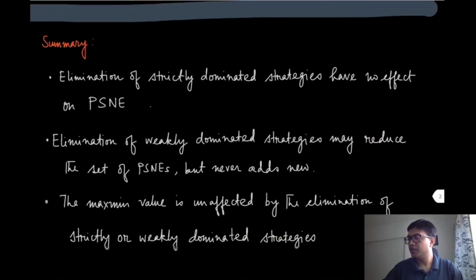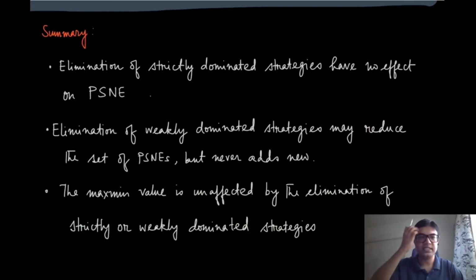So what did we learn from all these exercises? We have not explicitly shown it, but for elimination of strictly dominated strategies, you can argue very easily that if you just remove strictly dominated strategies, then it will have no effect on the PSNE. Neither new PSNEs will be created. Of course, that is not possible. We have shown it. Neither will you delete any of the existing PSNEs.